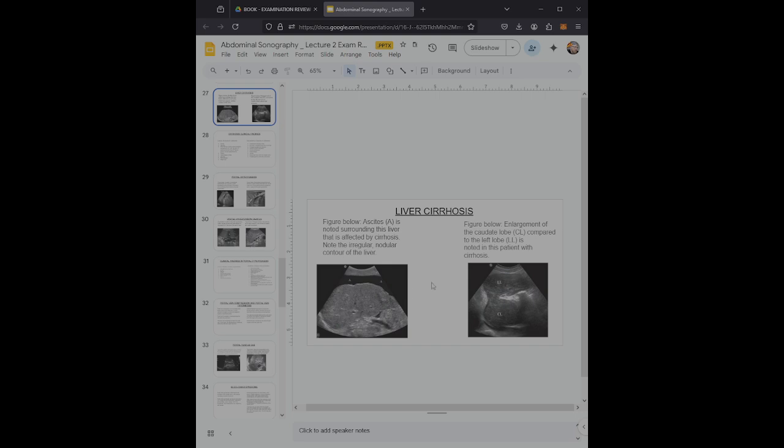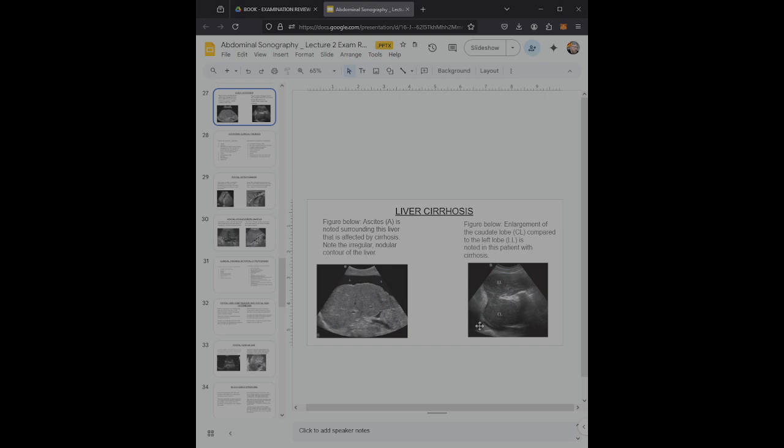But hepatic steatosis can further progress to steatohepatitis, which can then progress to cirrhosis, then will progress to portal hypertension, then will progress to portal vein thrombosis, and then potentially hepatocellular carcinoma, and at that point it is no longer reversible.